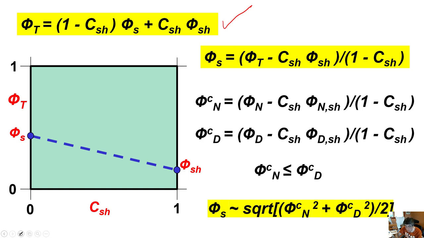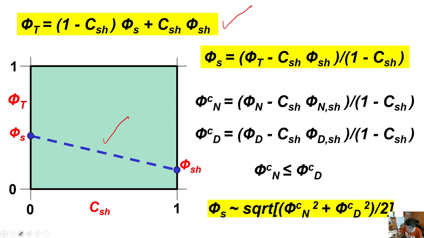That is the realization of this formula or this diagram here, which means that in shale-laminated sandstone you have two end members, and the total porosity of the rock is a linear mixing of the two porosities, where the weights are given by the volumetric concentrations of the two end members.